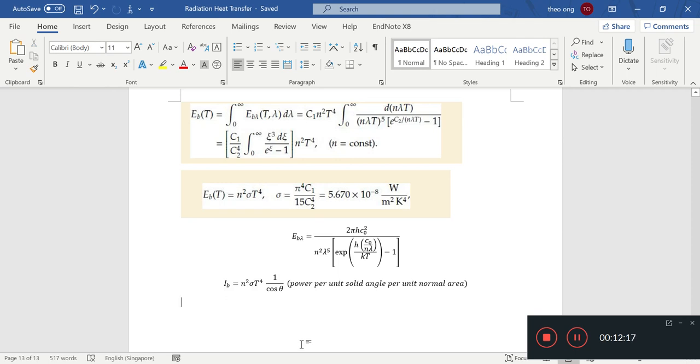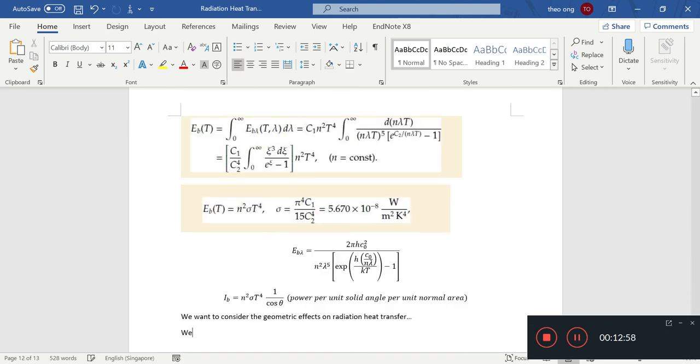Now the tricky bit is to incorporate all the solid angle, area, everything into this expression. So what is the first thing we need to do? We want to consider the geometric effects on radiation heat transfer. So what's the next step?